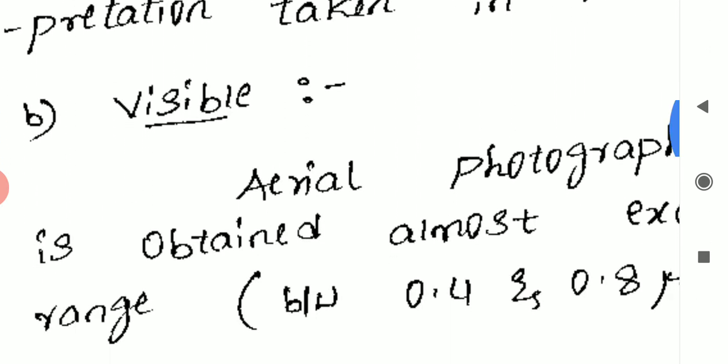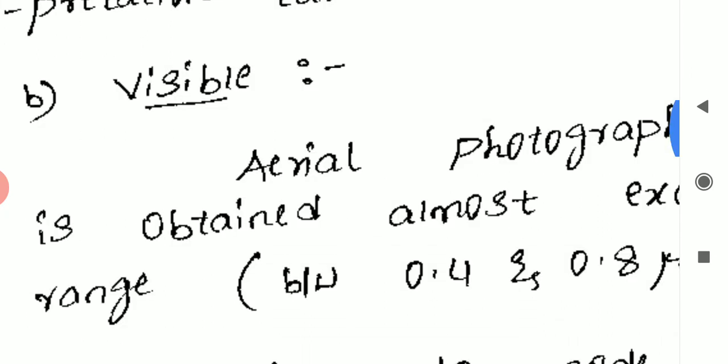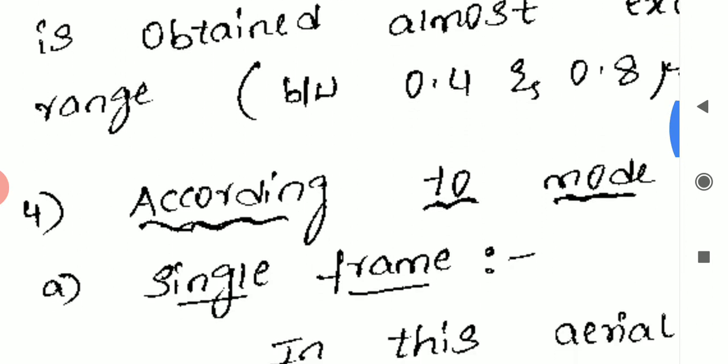Okay, visible: visible type aerial photographs for photogrammetry are obtained almost exclusively in the optical range, and the range is 0.4 to 0.8 micrometer.